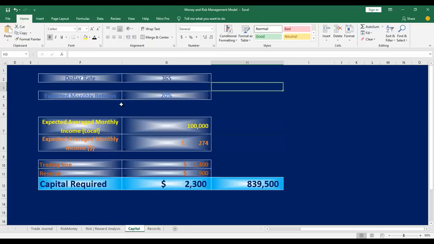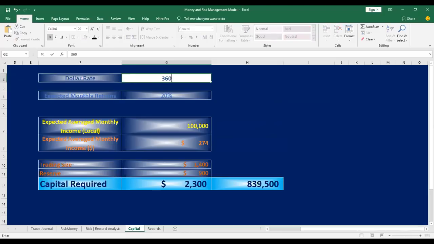Now, I sent this table to you guys. I sent this worksheet to you at some time, and it's still the same worksheet. What this model is doing is this: assuming you want to start trading, the dollar rate is what I put here at 365, which can now be 360.